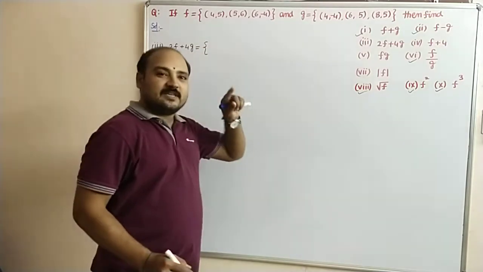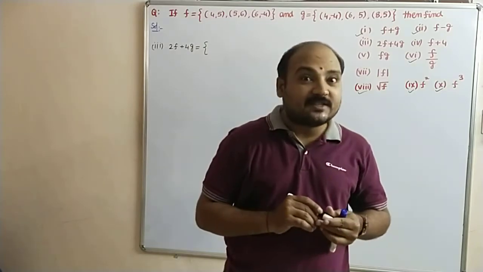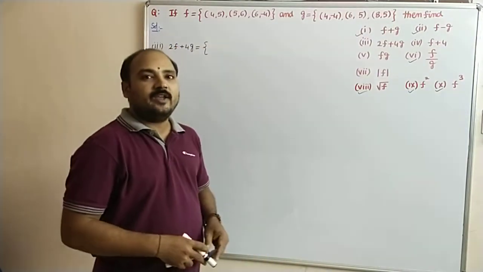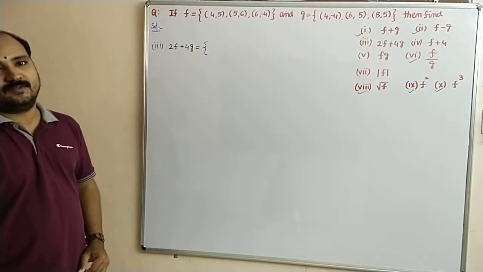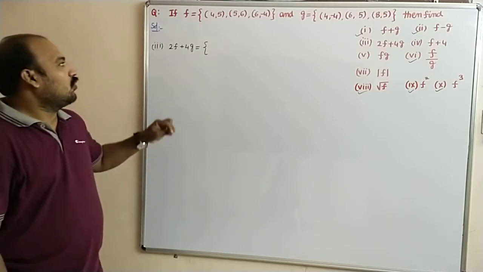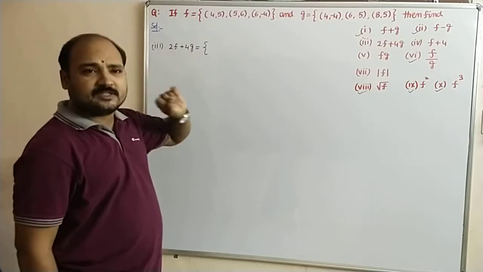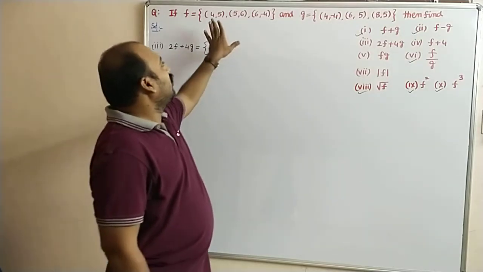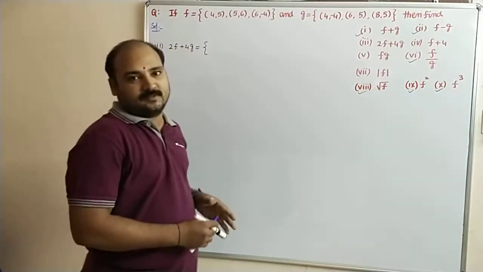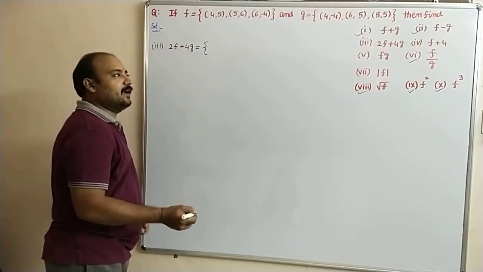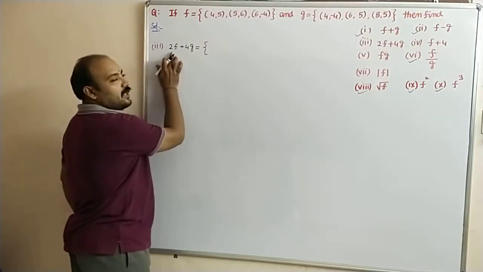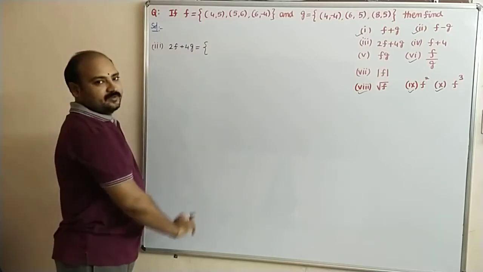Here also it is the f plus g category only, no? We know that the domain of f plus g is only 4 and 6. That means A intersection B may be calculated. For those elements you can take 2f and 4g.